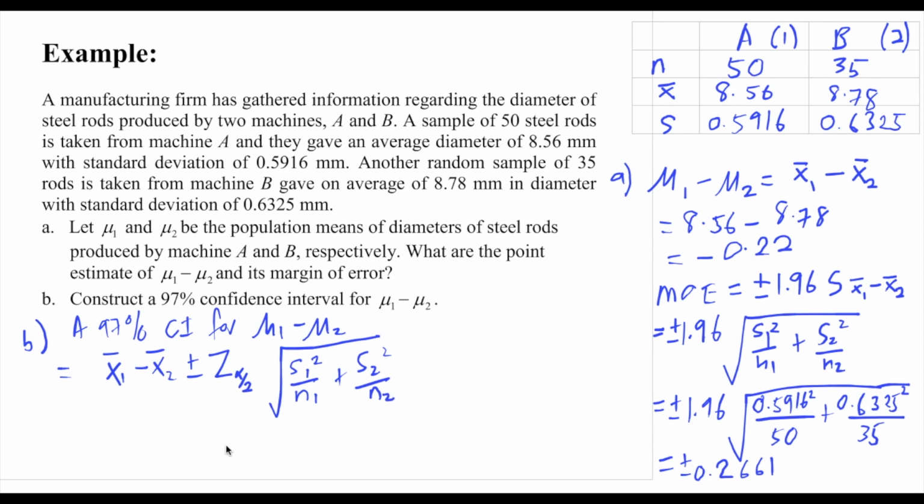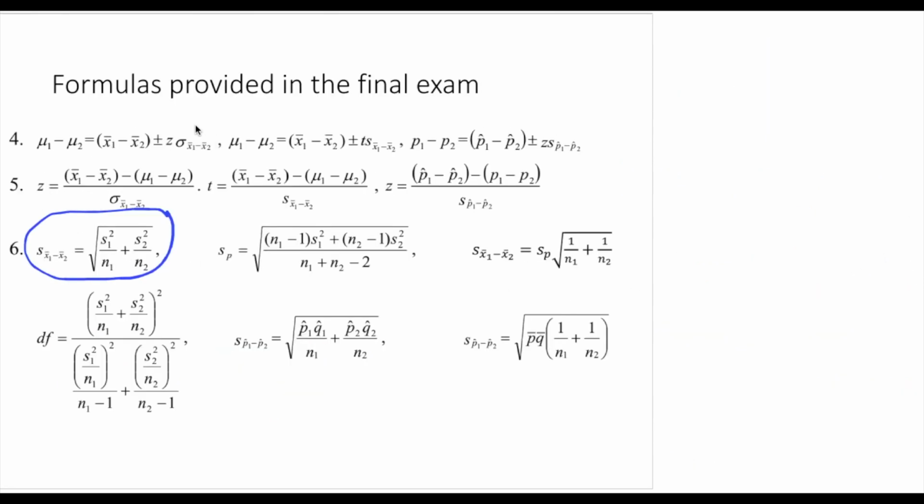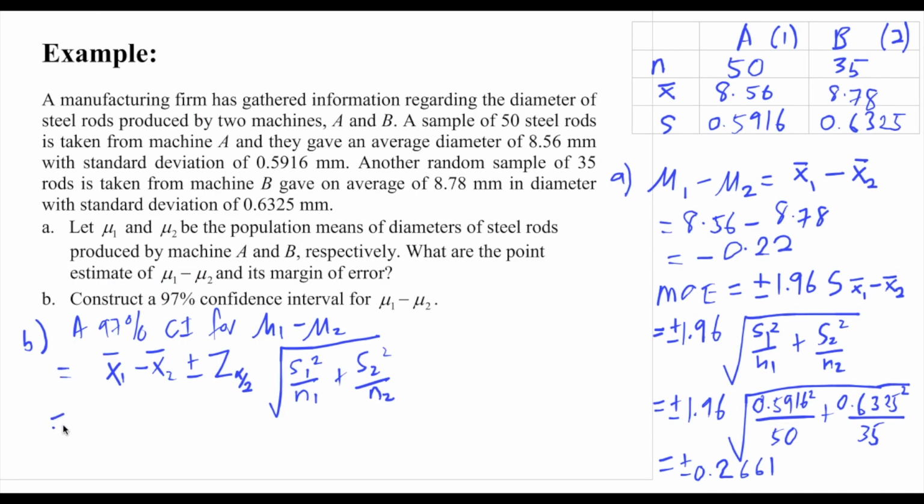This formula is also provided in your final exam appendix. I'll show you. It's this one here. So we have 8.56 minus 8.78 plus minus. Okay, let's check the value of the critical value.